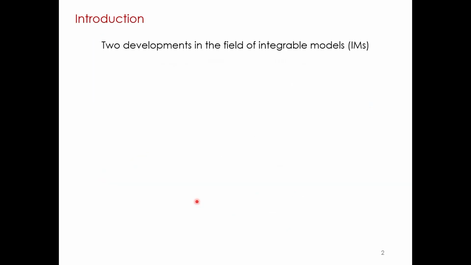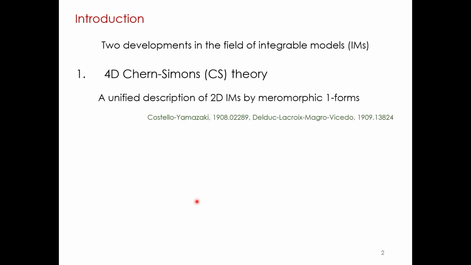Let me begin with the introduction. I want to start from two developments in the field of integrable models. The first one is, as you know well, four-dimensional Chern-Simons theory. This is a unified description of two-dimensional integrable models specified by meromorphic functions. By choosing meromorphic functions, we can reproduce various two-dimensional integrable models.